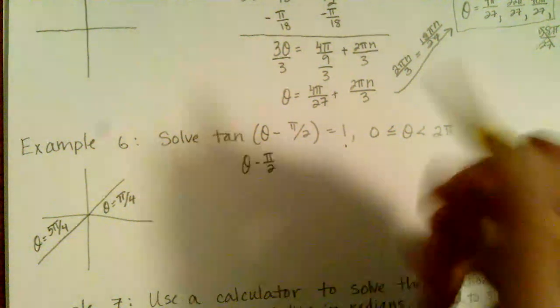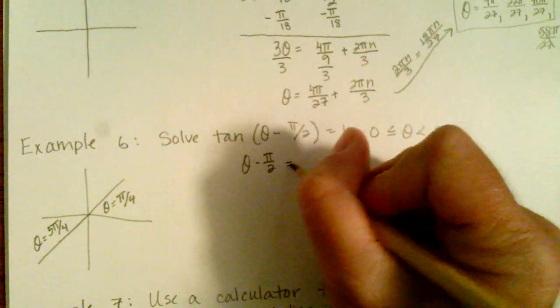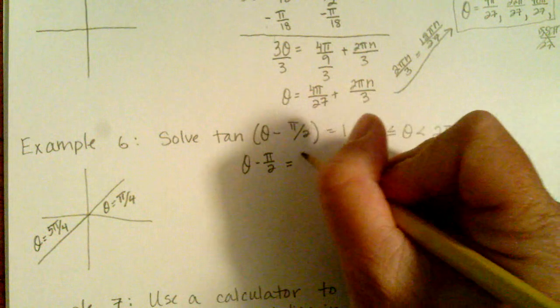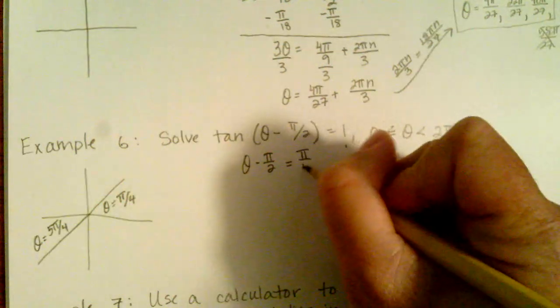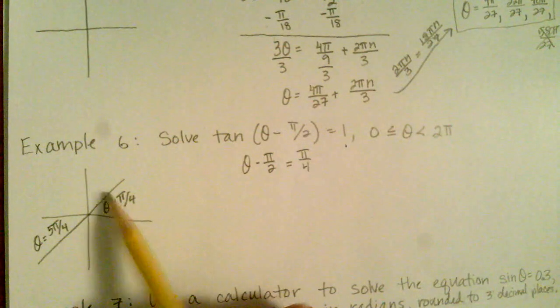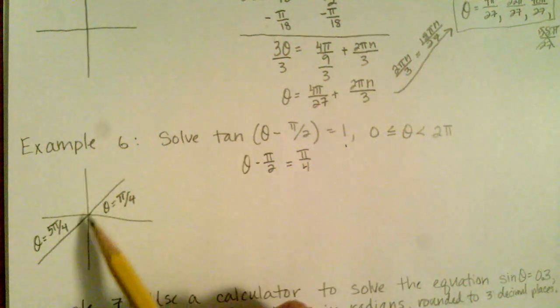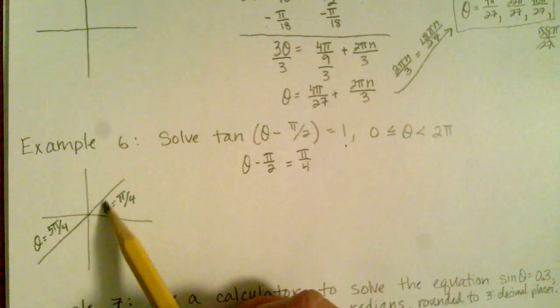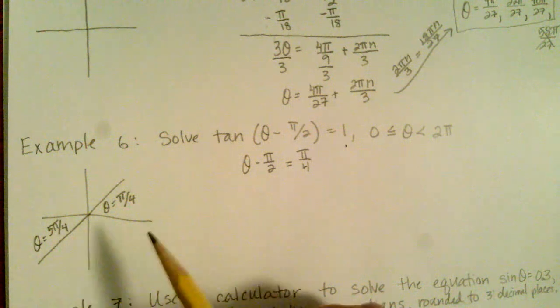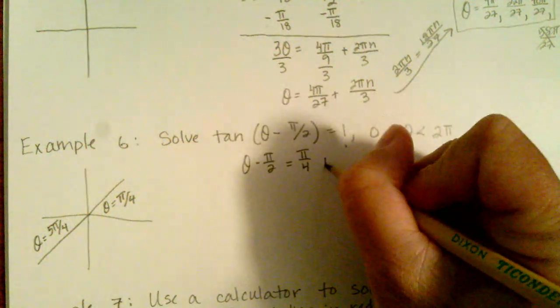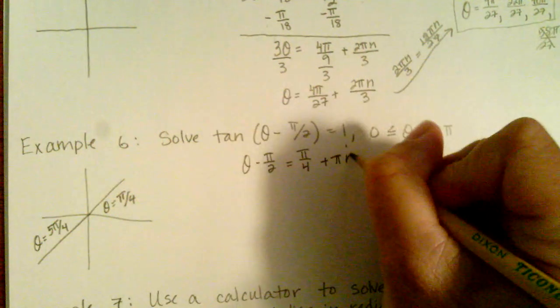Okay, so my argument this time, I'm going to say it's equal to pi over 4. And I could say 5 pi over 4, but again, whenever we're dealing with the tangent or the cotangent, these are pi apart. So instead of saying plus 2 pi, I'm just going to say plus pi n.